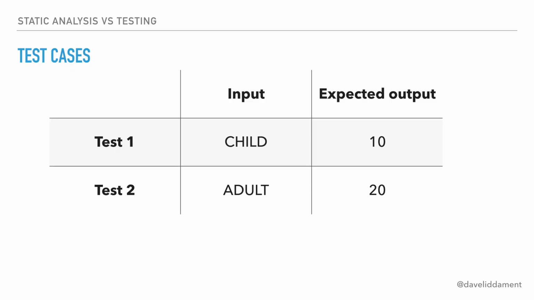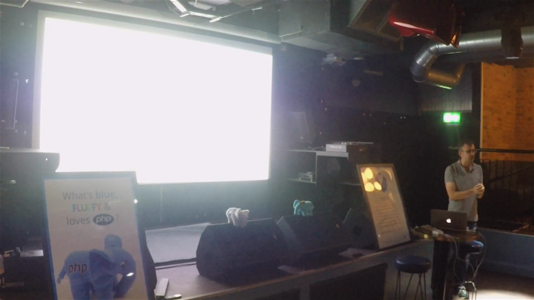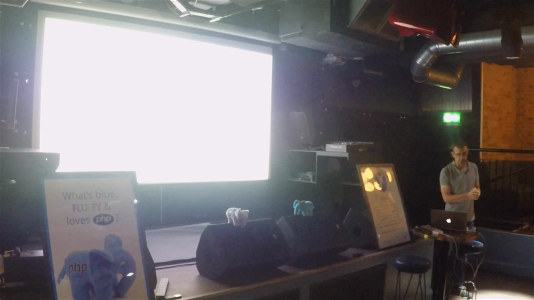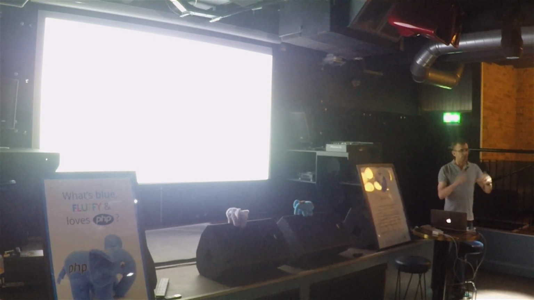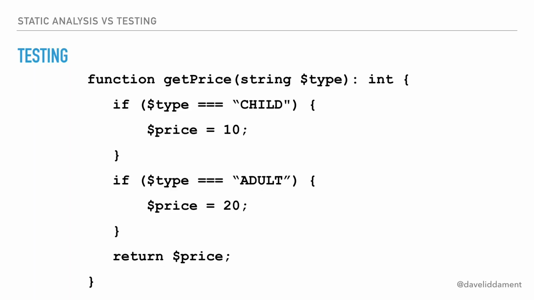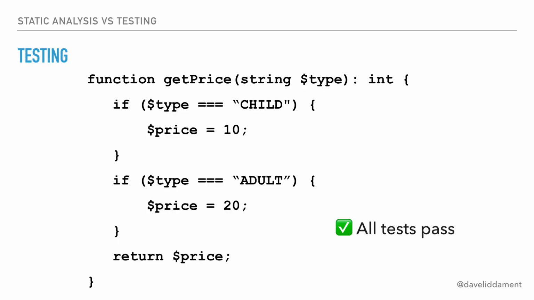So pretty simple code. And if I said, this is my test suite, I'm going to do 2 tests. First test, I'm going to pass in child and expect the value of 10. And my second test, I'm going to pass in adult and expect the value of 20. And as long as those tests pass, then we can say our code is working. And sure enough, if we look at this code and we had those 2 test cases, first of all our tests would pass.